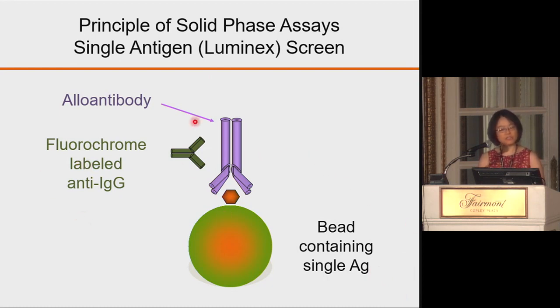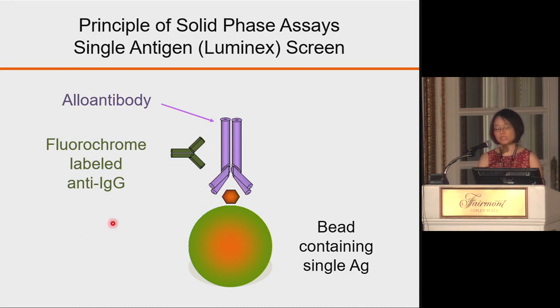You then use a secondary fluorescently labeled antibody that recognizes this first antibody. If that color is detected, then you know that alloantibody is present, and the specificity of that antibody is determined by knowing what color the bead is.